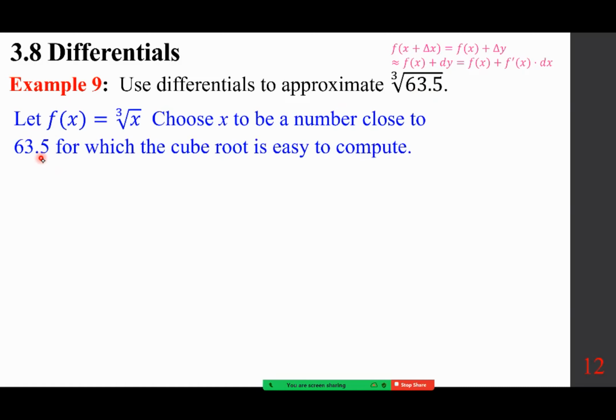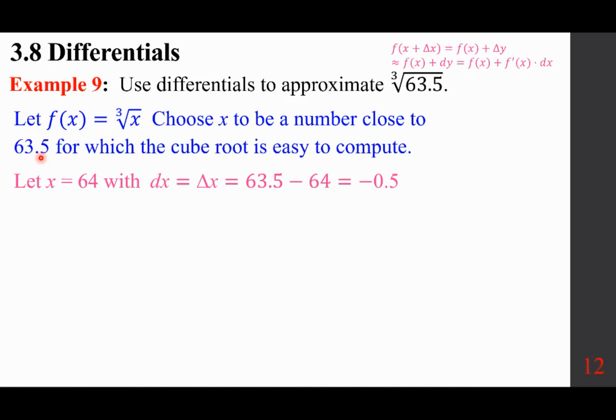The closest number would be 64, because we are supposed to know the cube root of 64 is 4. And delta x or dx is the difference between these two numbers. And remember, this is x, so we have to subtract 64 from the number we want.